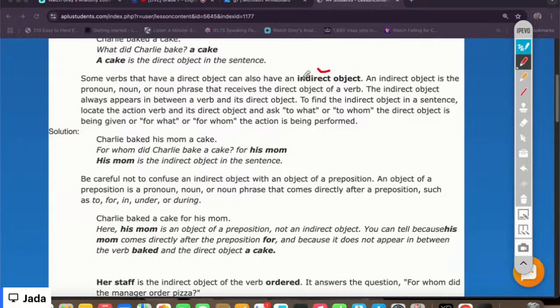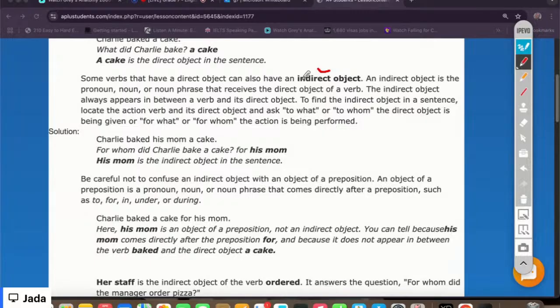To find the indirect object in a sentence, you have to locate the action verb and ask to what or to whom the direct object is being given, or for what or for whom the action is being performed.